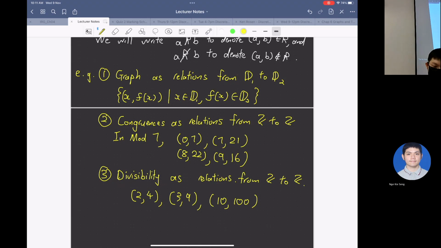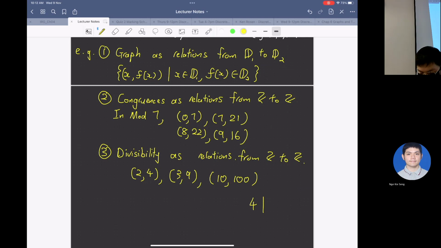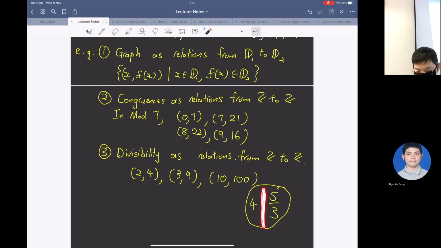That's one thing in your exam actually. When we talk about divisibility, some of you wrote fractions, like 5/3. Actually, we only define divisibility on integers. I gave marks this time, but next time you should pay more attention to where the numbers live when I introduce the notion.